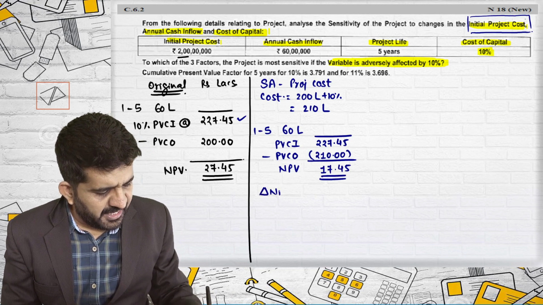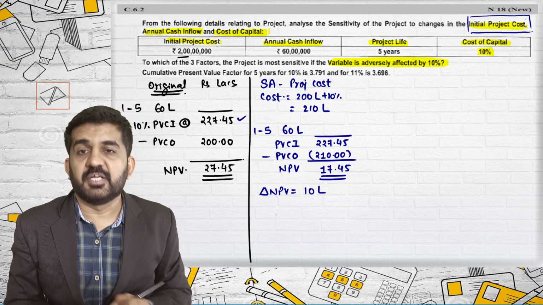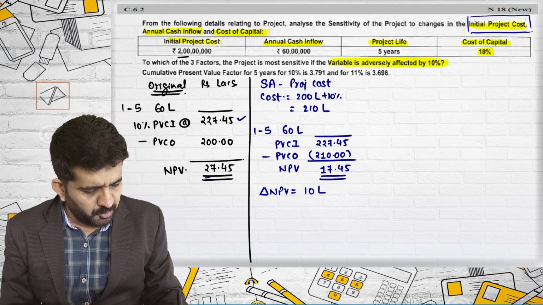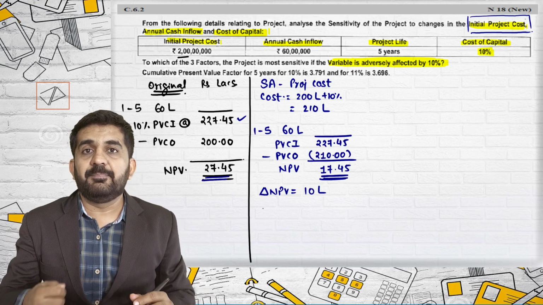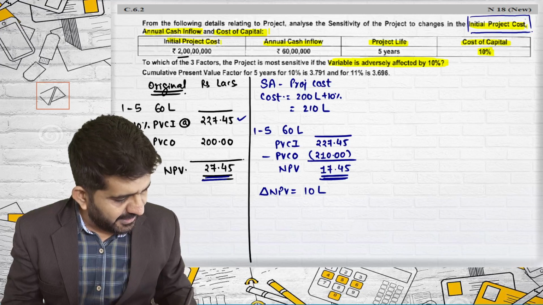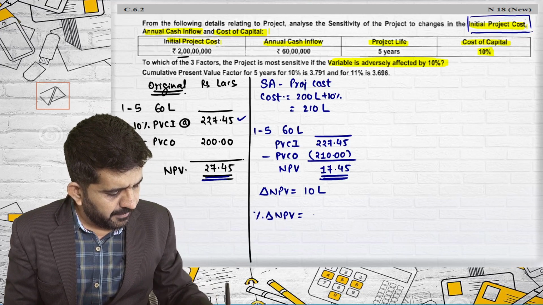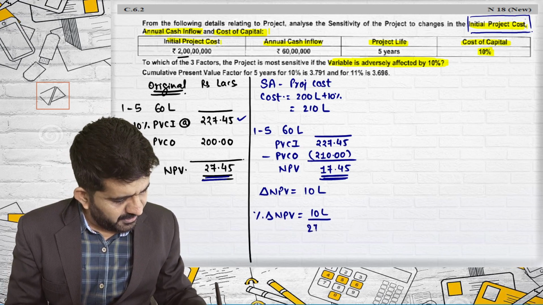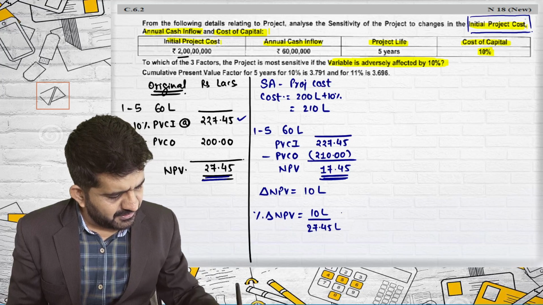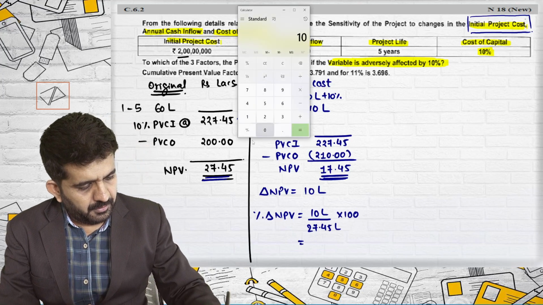What is the change in NPV? It is 10 lakhs. How have I found it? 27.45 minus 17.45. So NPV has decreased by 10 lakhs. What is the percentage change in NPV? It is 10 lakhs divided by 27.45 lakhs multiplied by 100.